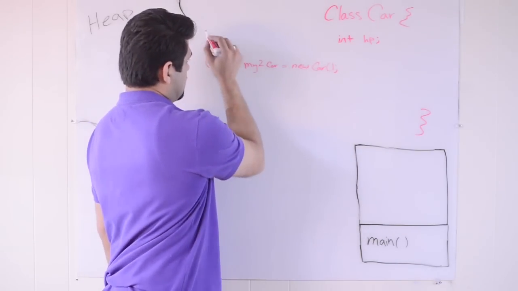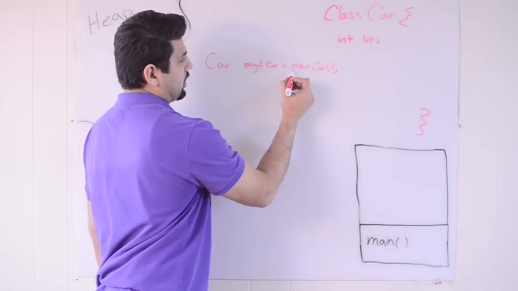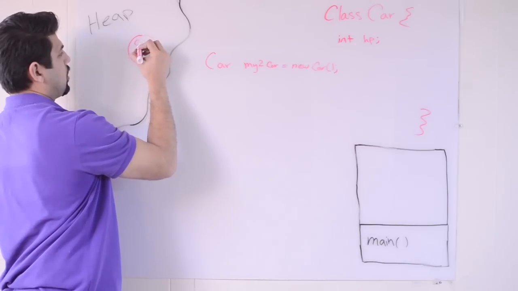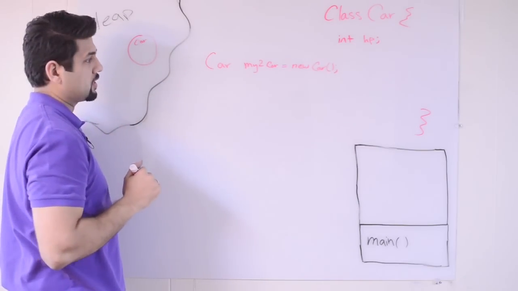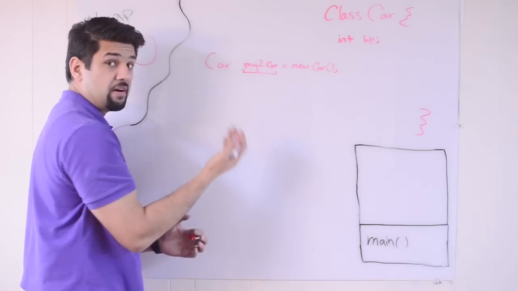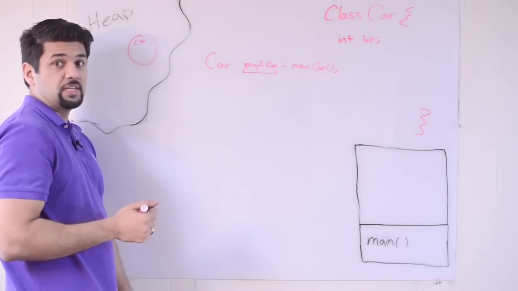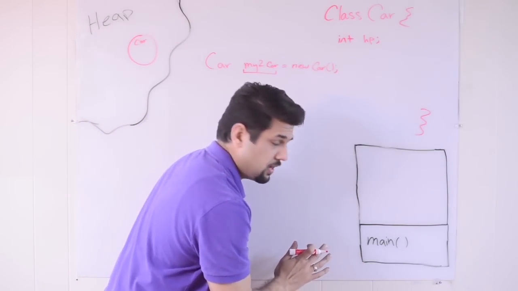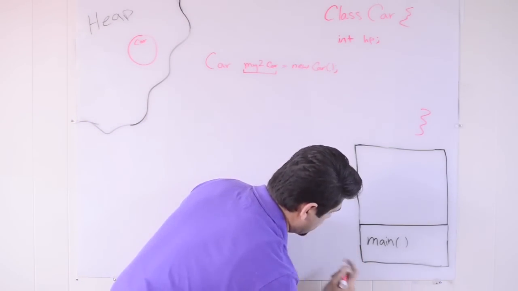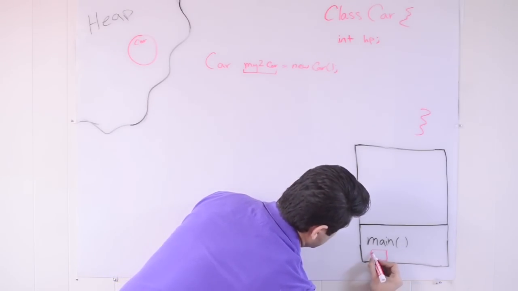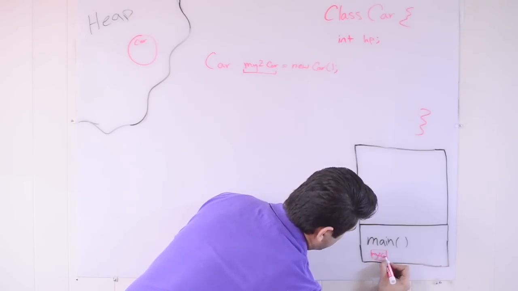When the interpreter sees this line, an object in the heap is going to be created, and it's going to be of type Car. A Car object. And this particular variable is going to contain the reference to where that object is on the heap. Of course, this variable is in the main frame of the stack, so we can have a little slot here, and we'll say it's my2car.